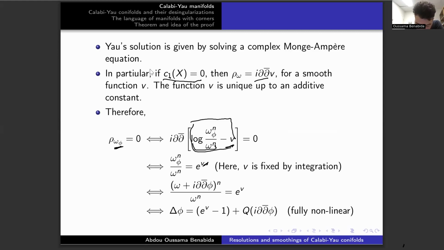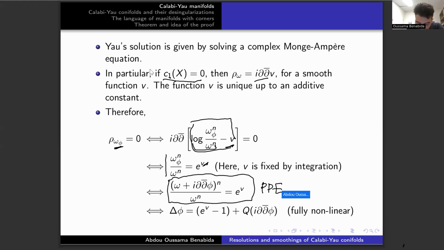So this is equivalent to saying that the quotient of the volume forms is the exponential of V. Since we want omega_phi to be in the same cohomology class as omega, this gives us (omega + i∂∂̄phi)^n over omega^n is equal to exponential of V, and this is the PDE to be solved.